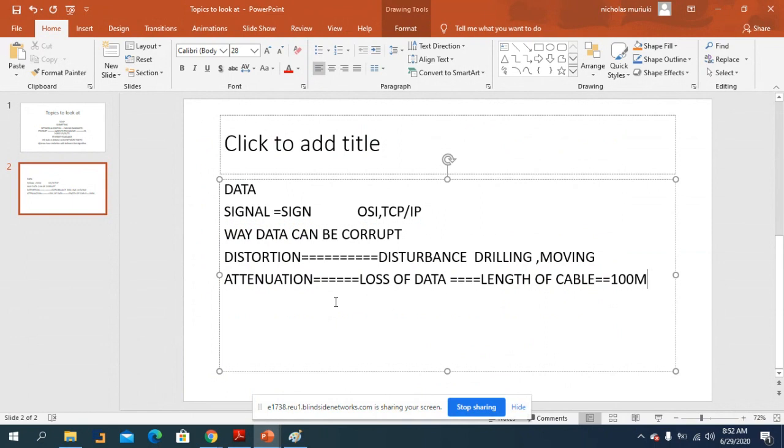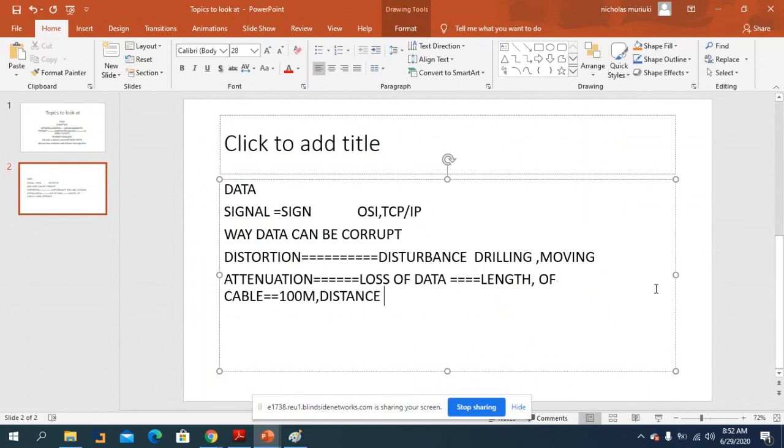So when you talk about the mobile phone, we are looking at a point where we are moving away from the communication. In a mobile phone we don't have cabling, so we are looking at maybe the distance. So we can also say that distance is a point of communication that can result in what you call attenuation.